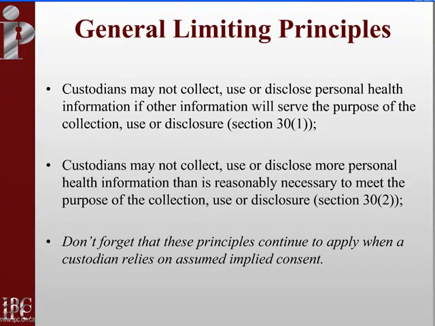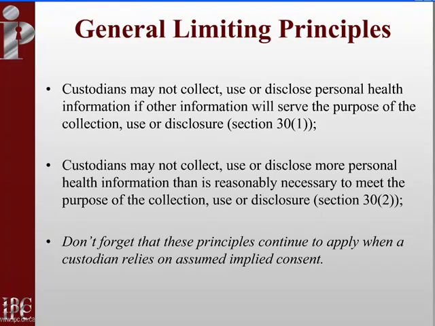Now, the general limiting principles in the legislation also apply when you're collecting, using, and disclosing personal health information. Even if you have the consent of the individual, you have to minimize collection. Section 31 says that a custodian may not collect, use, or disclose personal health information if other information would serve the purpose. So this means that if de-identified information or, for example, aggregate information would serve the purpose of the collection, use, or disclosure, that's all you're permitted to collect, use, or disclose.